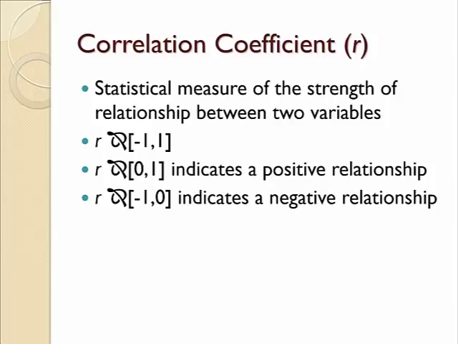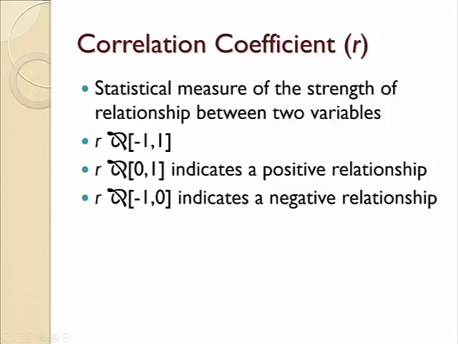So we have to take into account two factors in interpreting the correlation. One is the sign, which can be positive or negative. If it is positive, then the relationship between two variables is direct. For example, if I increase advertising, the sales will generally go up, and if I decrease advertising, sales will go down. So these two variables essentially move in the same direction, and therefore they're positively related.